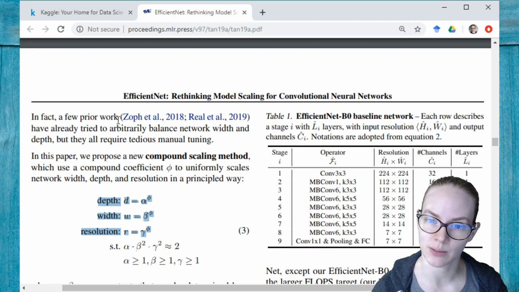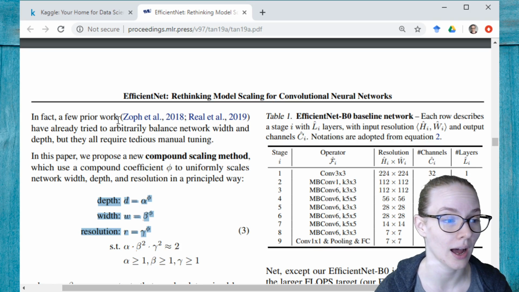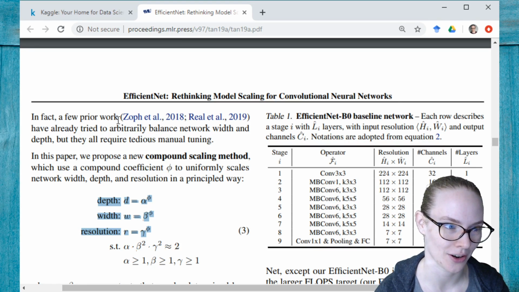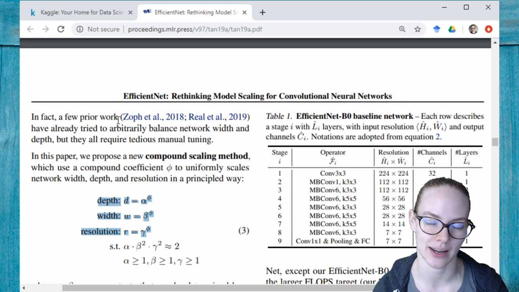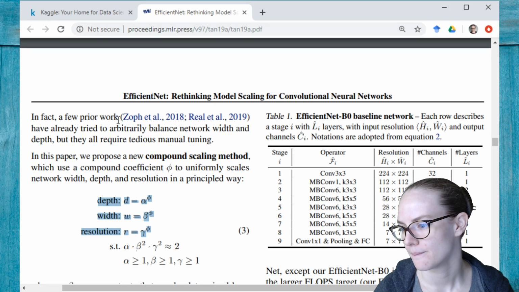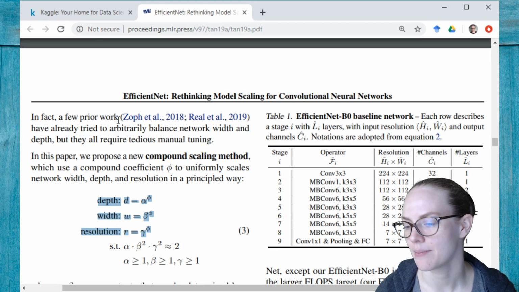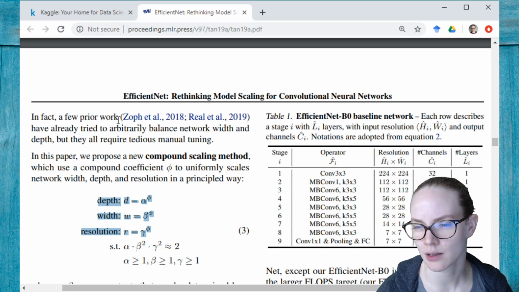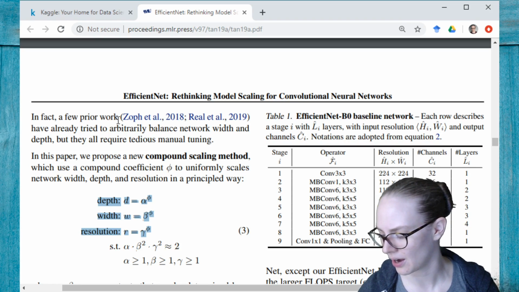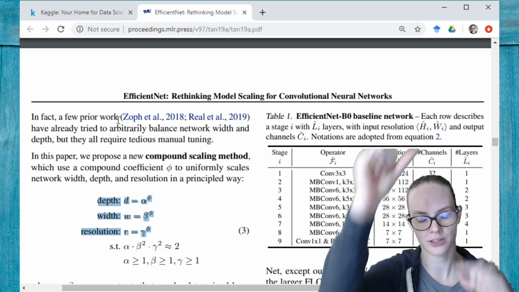And I don't know if someone has applied a similar compound scaling method to NLP. It's definitely possible. It's something I haven't run across before, but I wouldn't be surprised if this had inspired related work. I'm thinking specifically about transformers, which have a similar architecture where you have multiple layers stacked on top of each other.